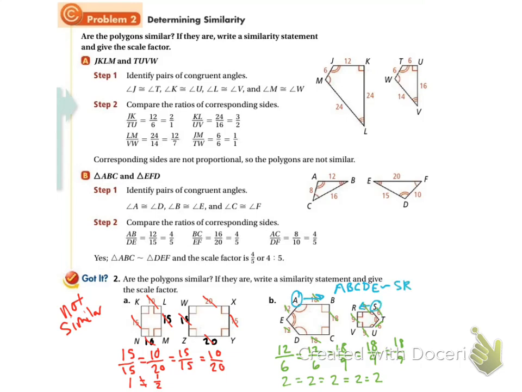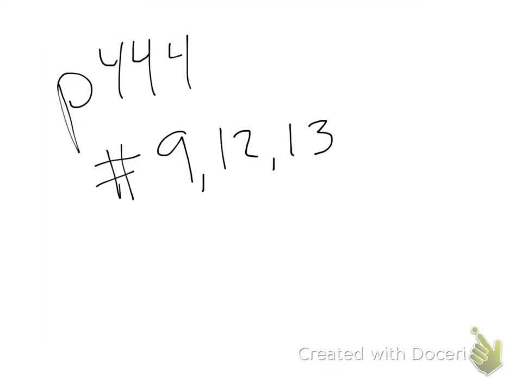So S, R, V, U, T. And our scale factor is this right here, 2. So our scale factor, and we want to write it as a ratio, so I'm going to write it 2 to 1, or you could write it as 2 over 1. That would work as well. And there's your homework.